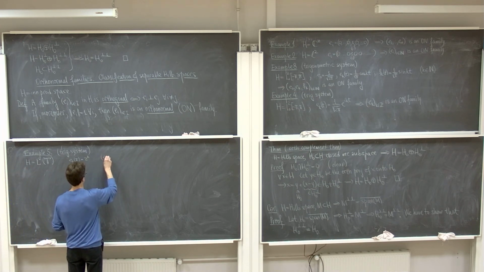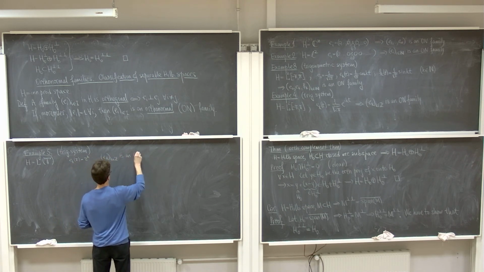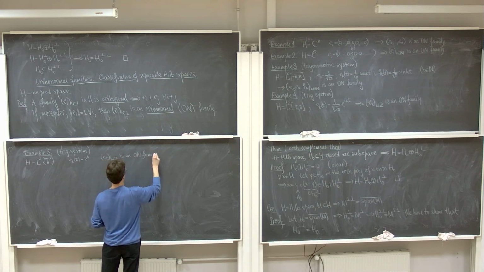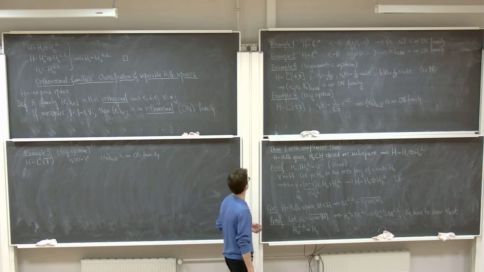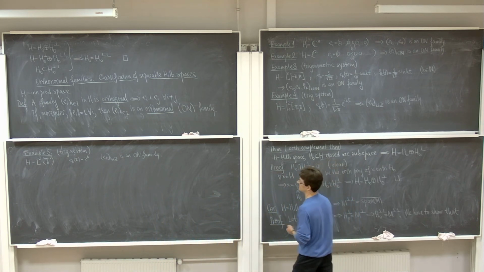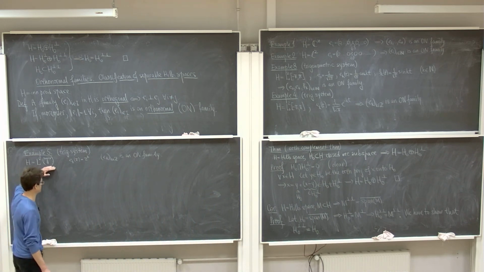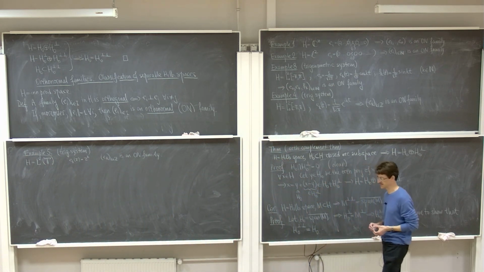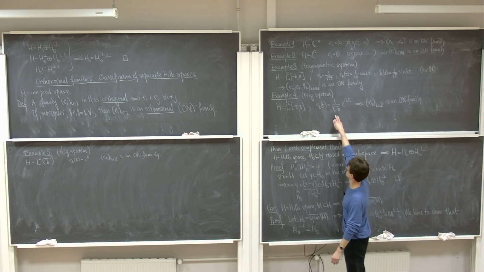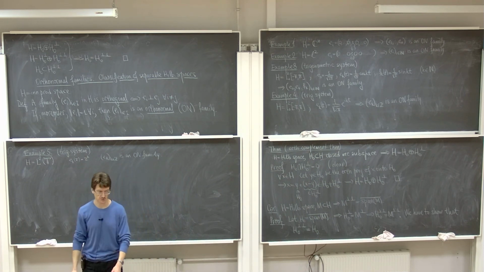Then it's easy to show that Ek is an orthonormal family in H. In fact, if we compare examples 4 and 5, and if we recall that there is a natural unitary isomorphism between this space and this space, the isomorphism which was discussed at the very beginning of today's lecture, we see that the functions from this system correspond precisely to the functions from this system. And that is the reason why it is called the trigonometric system.